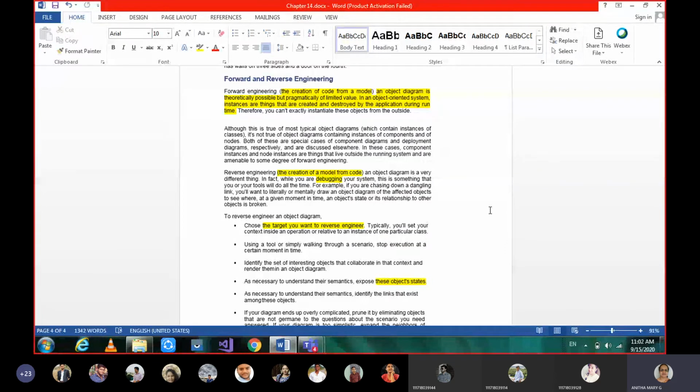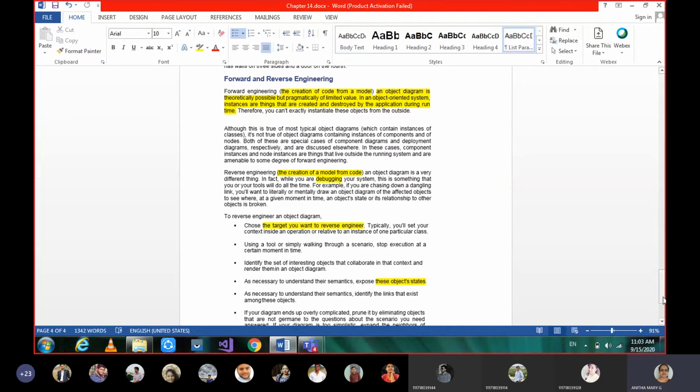The process of checking all the inputs, seeing whether it is working, and correcting any errors or faults that come up is the process of debugging the system. This debugging process is involved in reverse engineering.